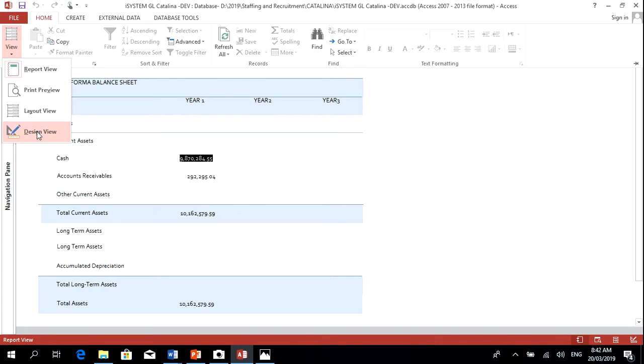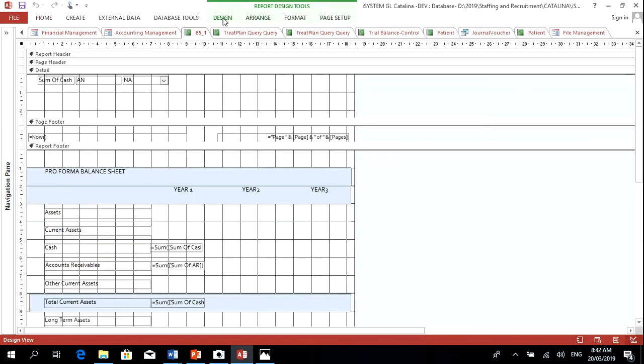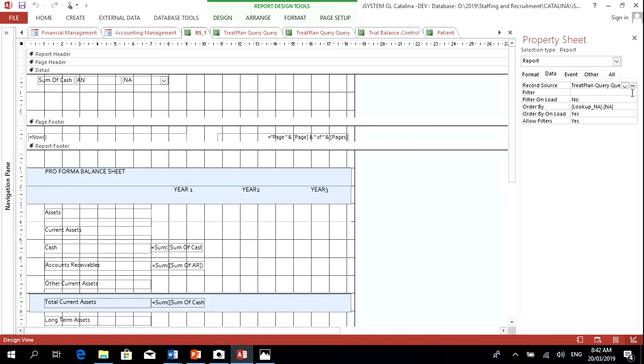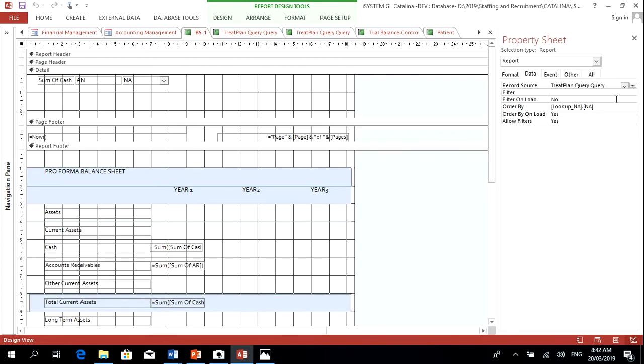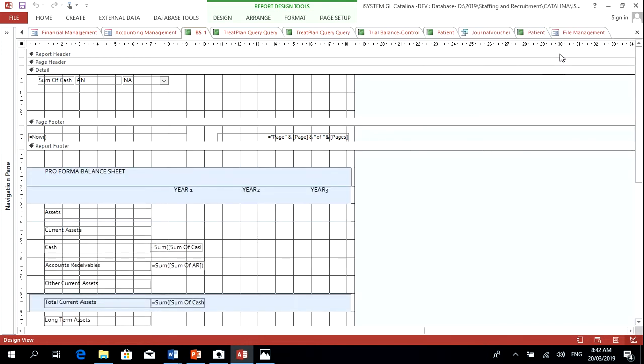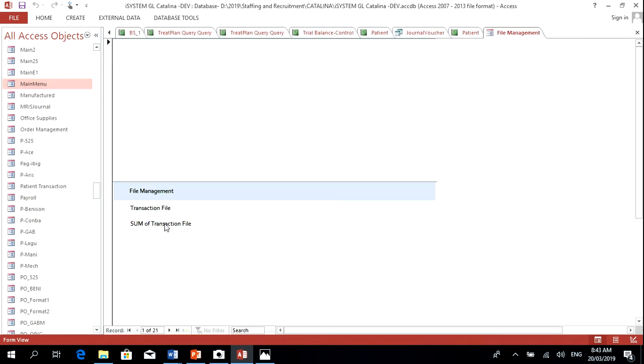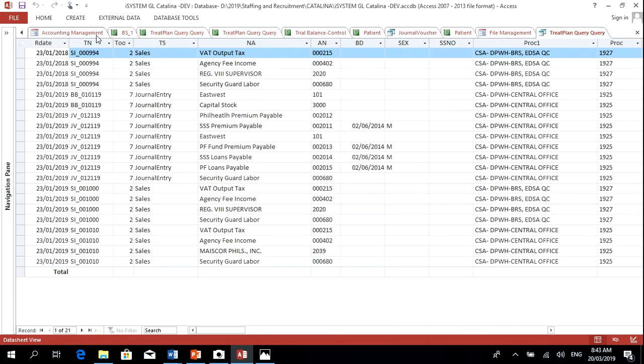If you want to know what that is, you go to the design view and it's here in the property sheet. You all know that the data is here, right? That's your file. You can also look at that file, the same file that you can see here in your main menu here. This is that file.